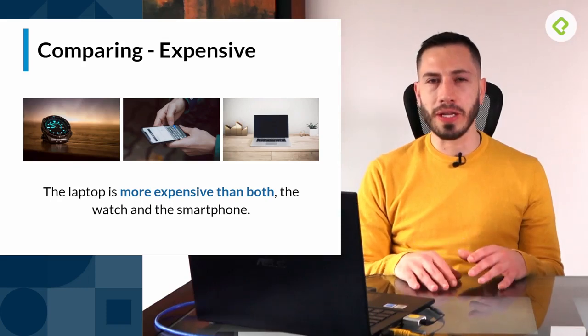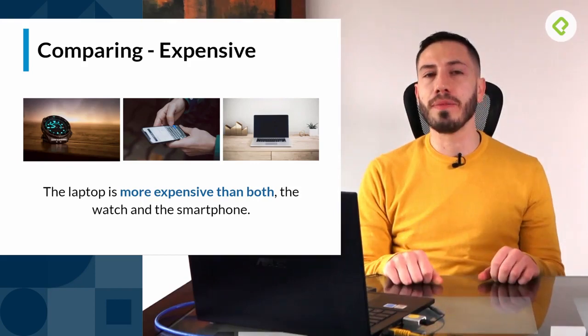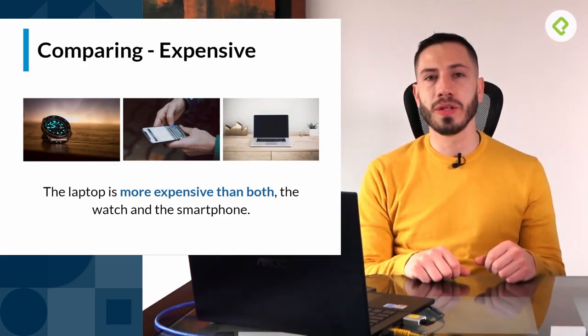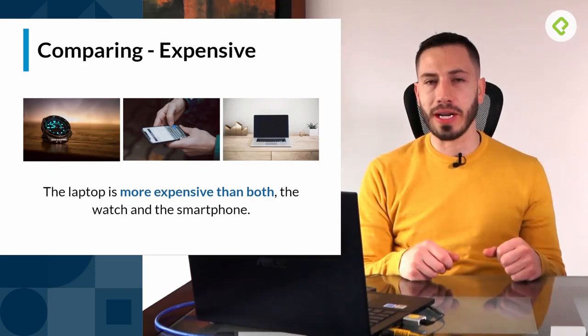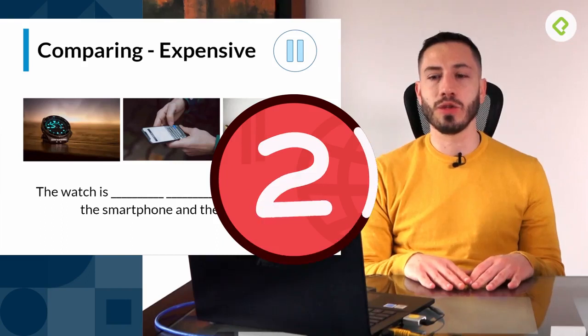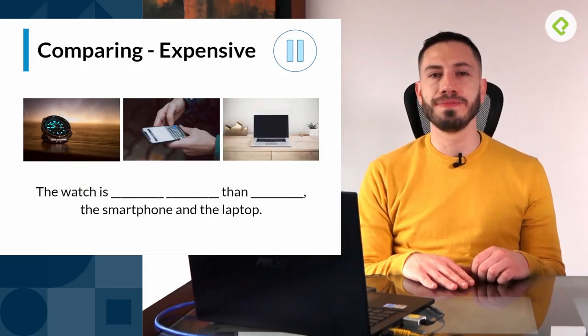How do you feel about the use of both, which is maybe a new word? And how do you feel about the use of as to compare? We had a lot of opportunities to practice, but we still have one more way to express this situation. Let's start with the watch. Pause the class right now and work on the activity. Do you have an answer?